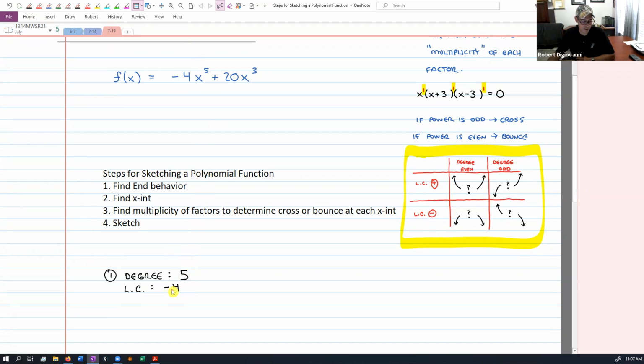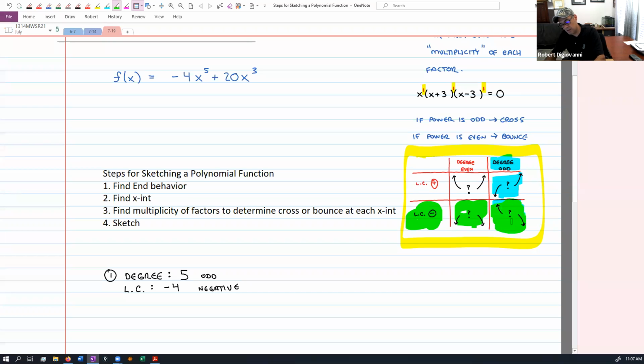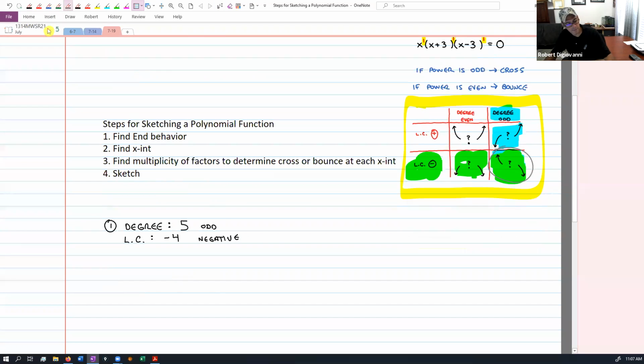The leading coefficient is negative, so we have an odd degree and we have a negative leading coefficient. So if we're going to do an odd degree, that means that it's going to be either this one or this one of those blue ones. But the leading coefficient being negative means it's either going to be this one or this one. So it has to be this. So we know that the left side must go up and the right side must go down. And in the middle, we have to figure out what's going on.